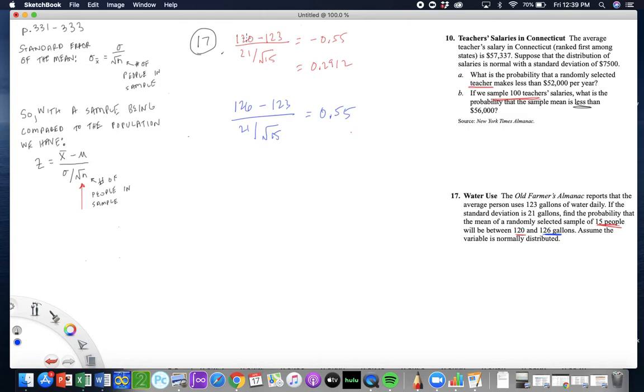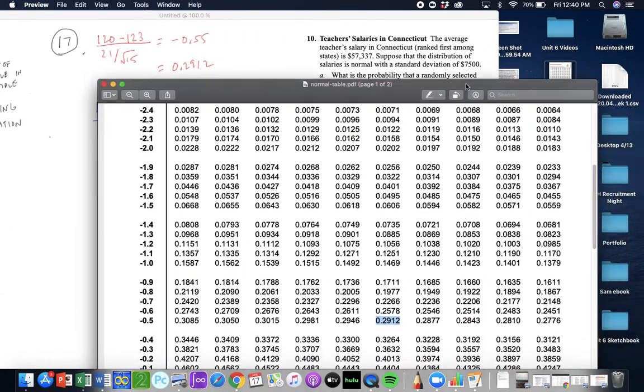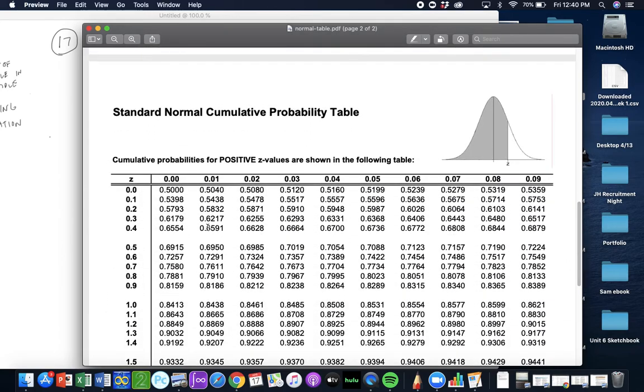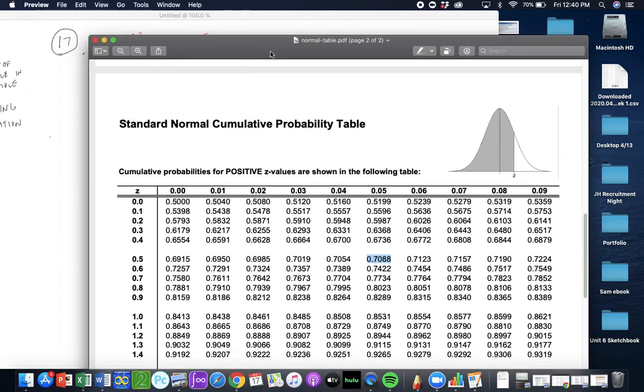This is 3 below the mean, and this is 3 above the mean. So that's why they come out as nice numbers of 0.55. When I type this in a calculator, I have to find 0.55 on my chart. Some of you guys have used the digital one, which is completely fine. You get the same answer. So I get 0.7088.